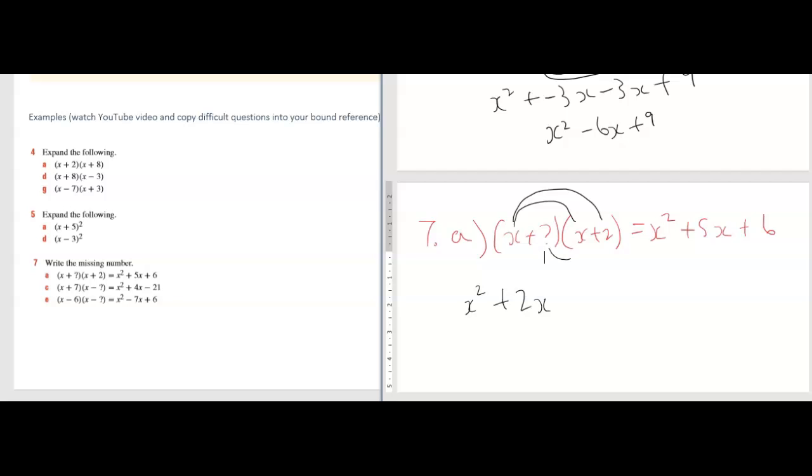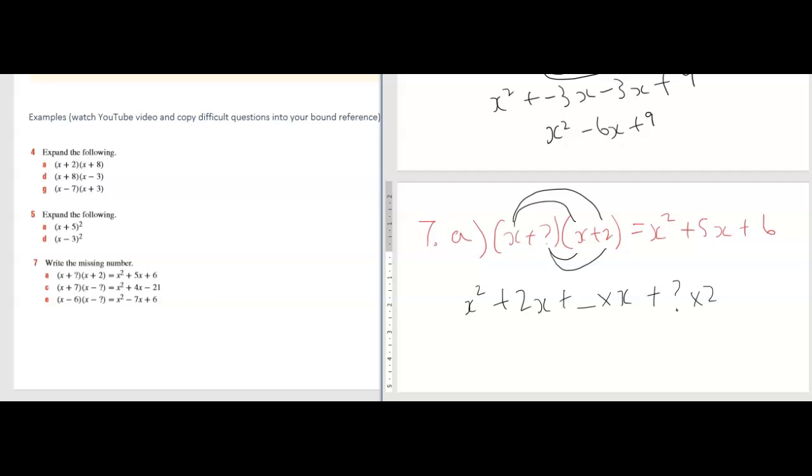And then we've got this question mark times x. So we need some number times x. Okay, so we'll do that in a sec. And then some number times 2. I'm just thinking in my head.